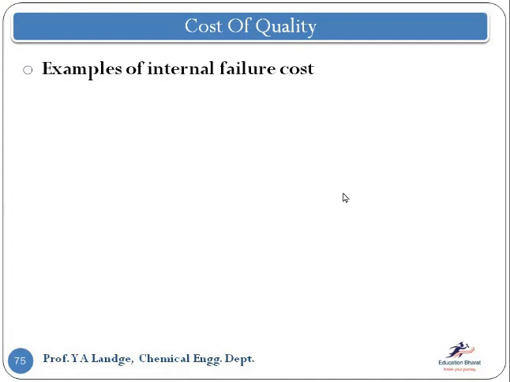Examples of internal failure costs are the net cost of scrap and the net cost of spoilage. What is the costing when the material is scrap? Here we need to include the cost of the material which we used, and the cost of the worker who gave 8 hours for making a job, after which it is found to be scrap material. We pay wages for those 8 hours.